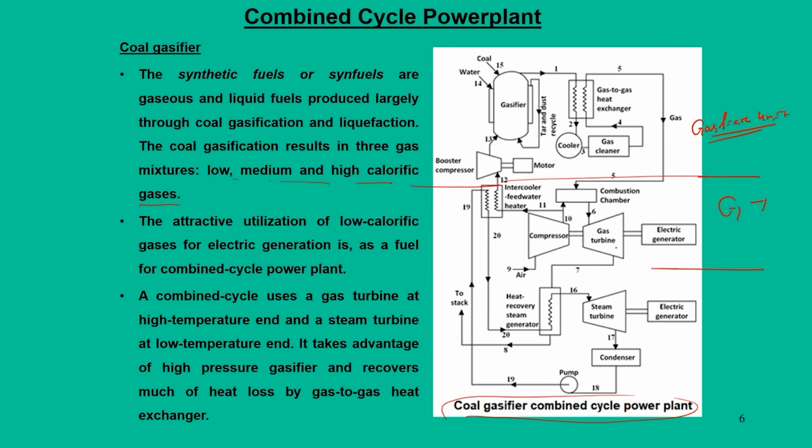The connecting point between the gas turbine unit and the gasifier unit is the gas to gas heat exchanger, and that provides the necessary gas to the combustion chamber. From the combustion chamber it goes to the gas turbine unit. This gives the power requirement from the gas turbine unit, and the exhaust from the gas turbine unit again goes to the heat recovery steam generator.